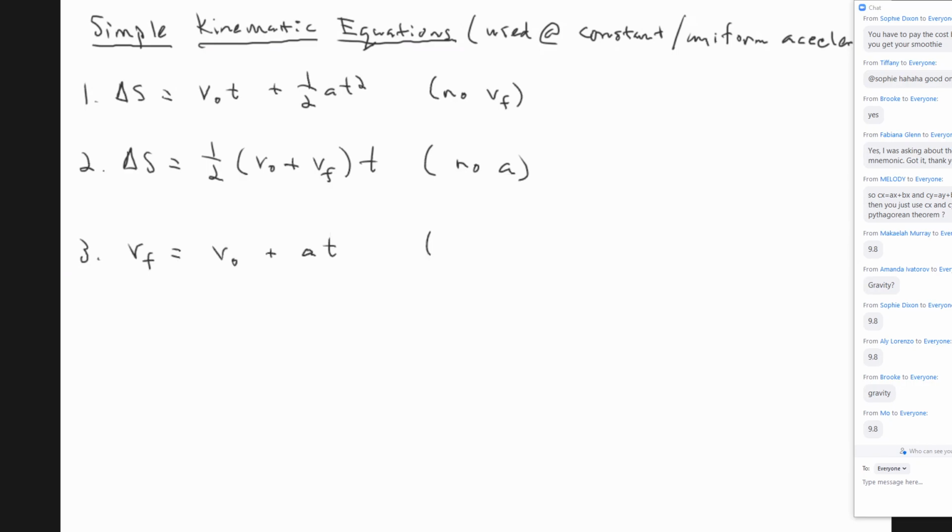And we use this equation when we're not given a change in displacement. And last but not least, final velocity squared is equal to initial velocity squared plus 2 times the acceleration times the change in displacement. And we use this equation when we're not given time.